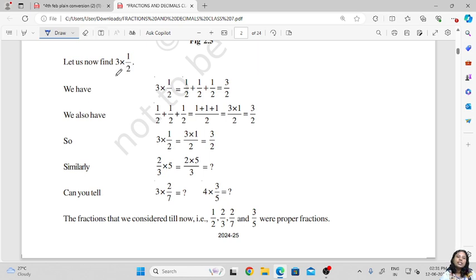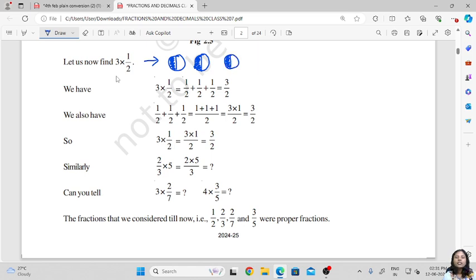So now when we say 3 into 1 by 2, what it basically means is that there are 3 parts. So there are 3 different circles, so it is like this. Say I have a circle, this part is shaded, and I have another circle, again this part is shaded, and I have another circle and this part is shaded.